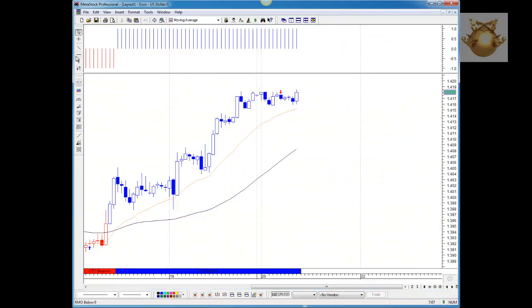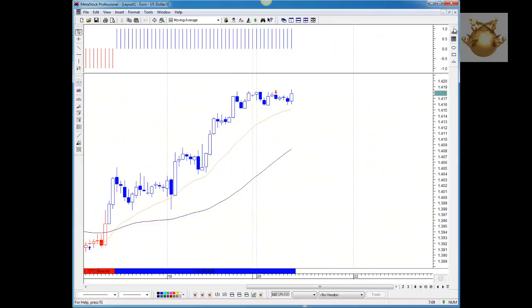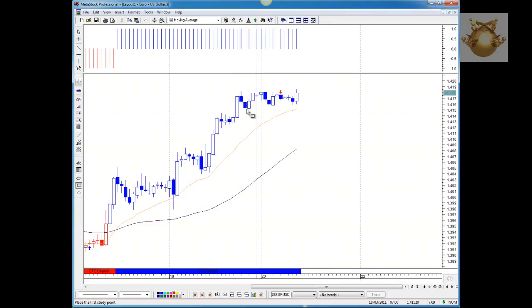Intraday, you can see that during the Asian market session not much happened. So you can box it. This is an hourly chart. Just going to box these.